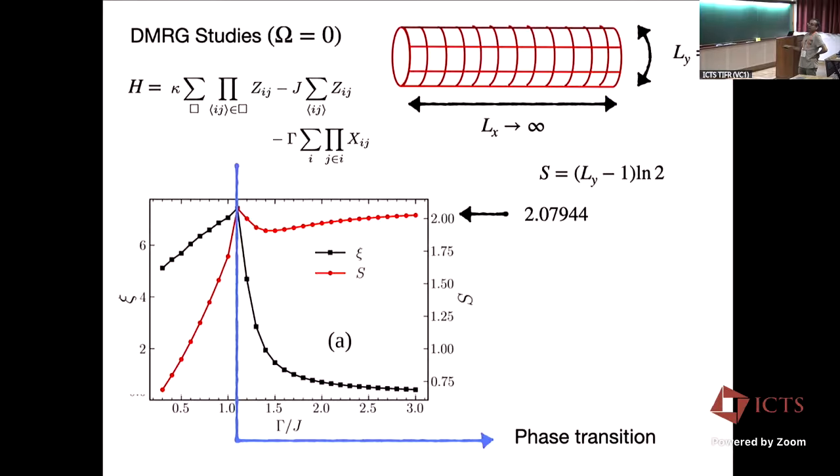But as you reduce gamma, it undergoes a transition to a low entangled state, and in fact this transition is better characterized by the correlation length, the largest correlation length of the system that you can track, and so it shows that there is a phase transition as you go from large gamma to small gamma, and the large gamma phase is nothing but the Z2 liquid that I just discussed.